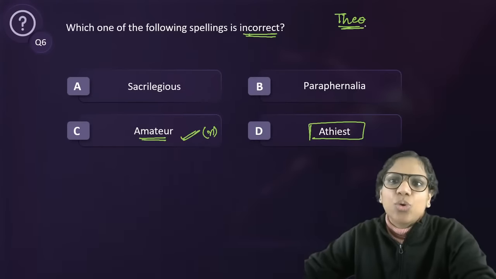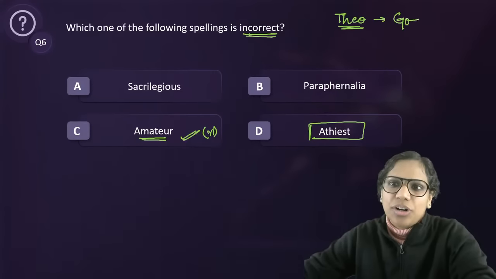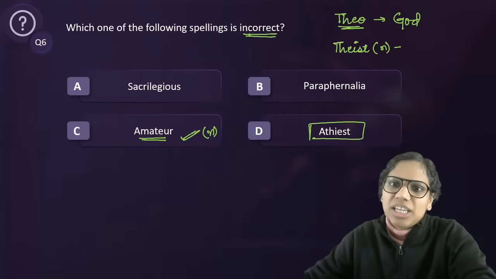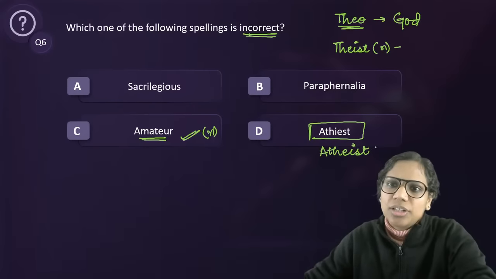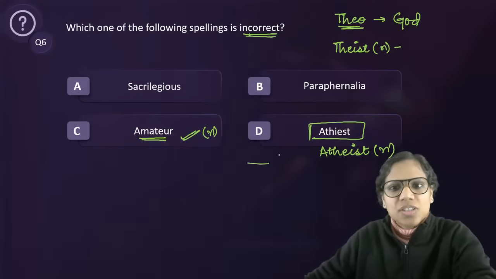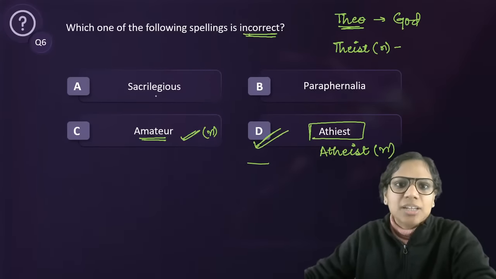The root is theo. Theo means God. Okay. So theist is a believer in God. Atheist, you put an A before it, that person is a non-believer in God. Okay. So this is right away incorrect.